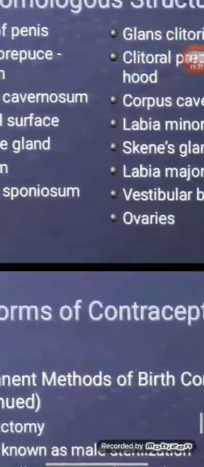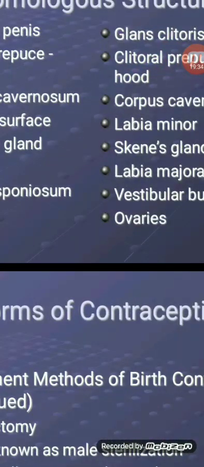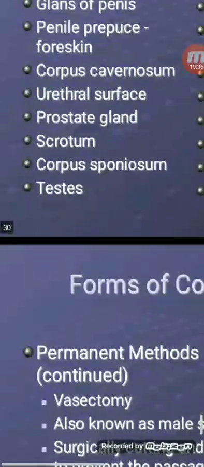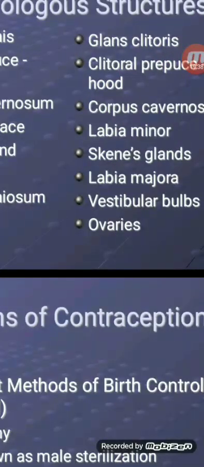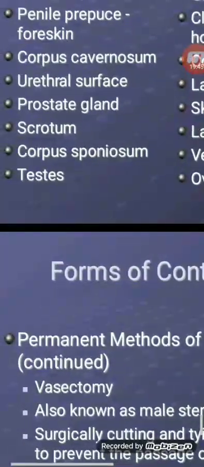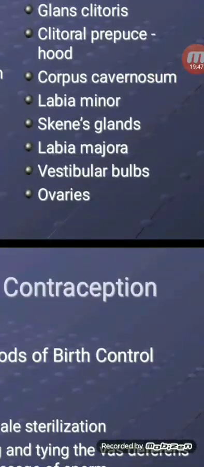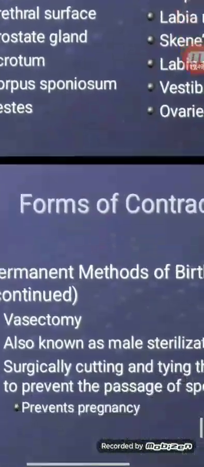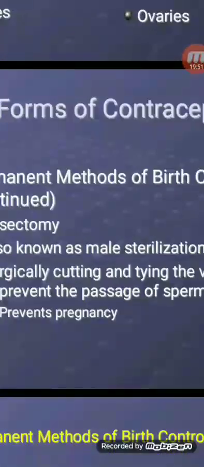Urethral surface, labia minora. Prostate gland, Skene's gland in the female. Scrotum, labia majora. Corpus spongiosum, vestibular bulbs. Testis, ovary.